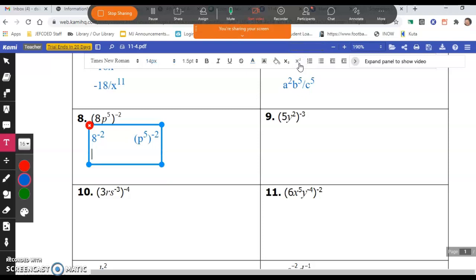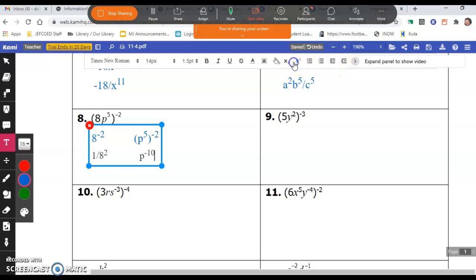If we simplify 8 to the negative 2, that's going to be 1 over 8, what? To the 2nd. And then we're also going to have p to the negative what? Power rule tells us to do what with my exponents? Negative 3. Negative 10. Multiply. Okay? All right.